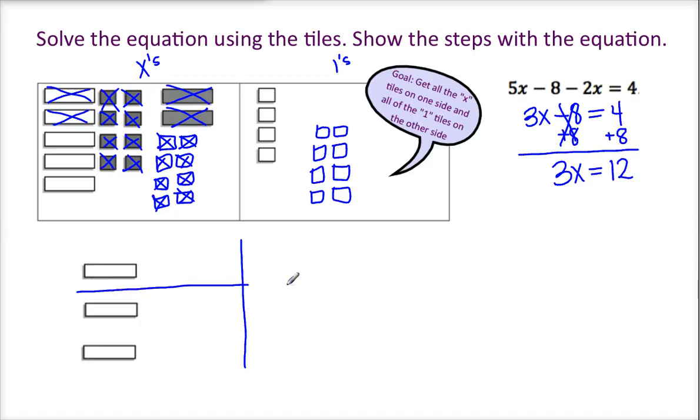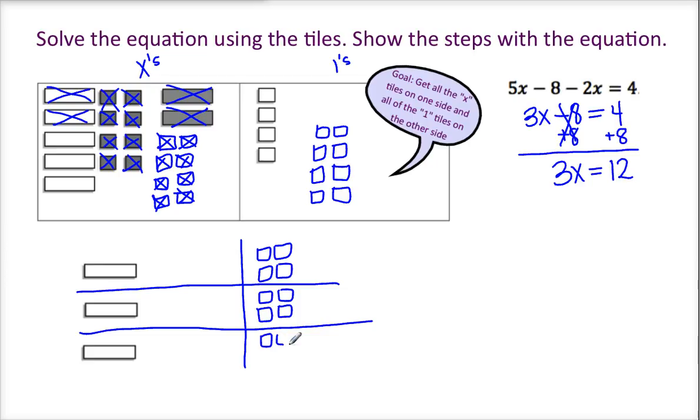So it's like I'm going to divide them all into groups. So I can put 4 here, and 4 here, and 4 here. And that's 1, 2, 3, 4, 5, 6, 7, 8, 9, 10, 11, 12. So there's the 12 1 tiles just separated into 3 separate groups, 1 for each x.